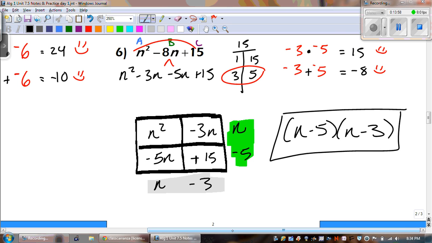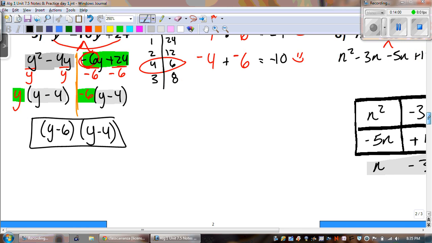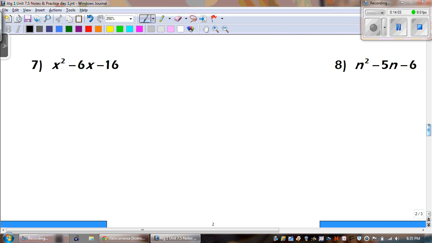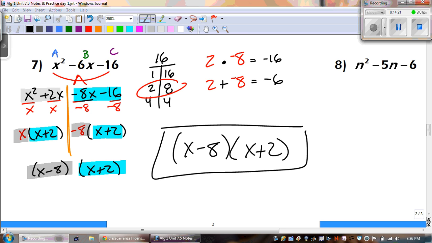All right, let's do 7 all together one more time. Let's see how far you guys can get on your own. Go ahead and pause the video, and good luck. Okay, so we're looking for two numbers that multiply to get to negative 16 and add up to get to negative 6.